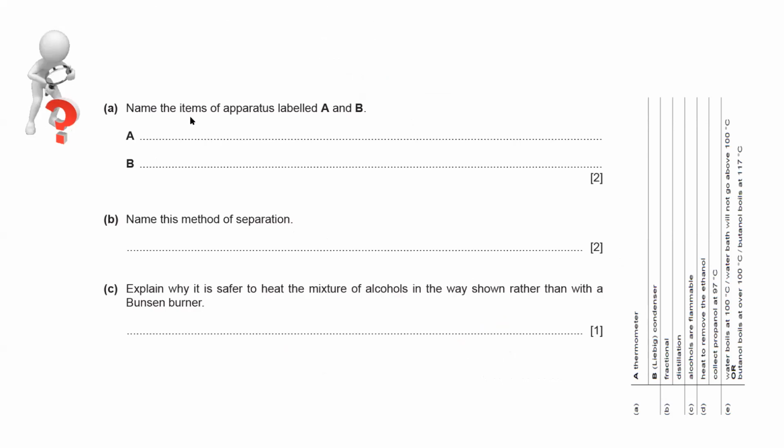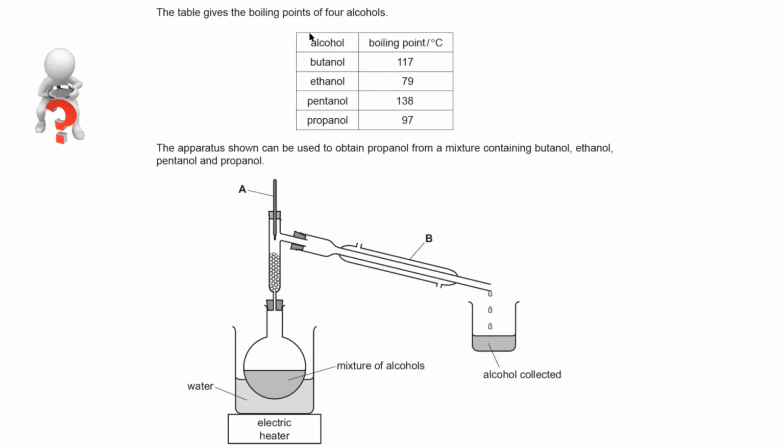In the first part, name the items of apparatus labelled A and B. What do we call A? Which apparatus is A? Yeah, that's right, thermometer. And what about B?